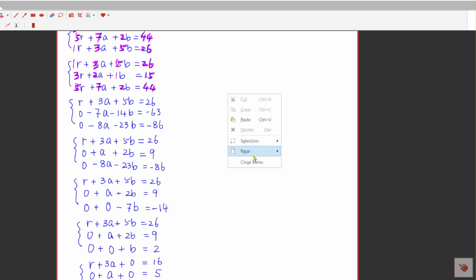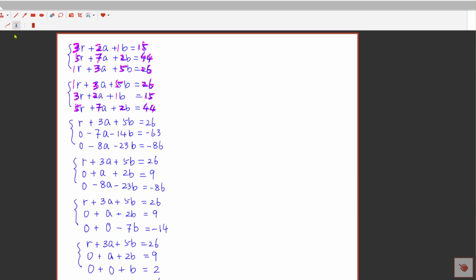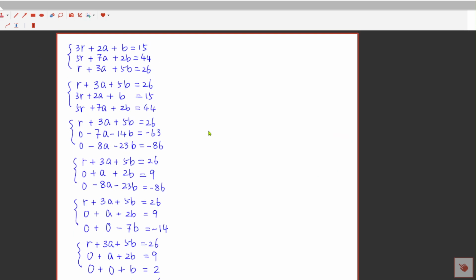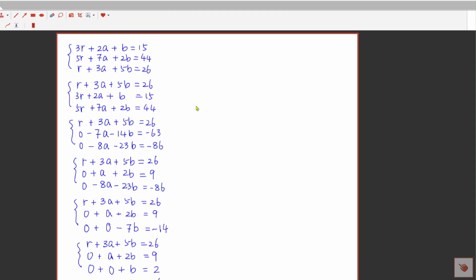Okay, I'd better copy this first on this page. I'll keep this page as a reference for you, then clone it. Okay, we'll highlight the coefficients in the cloned page.